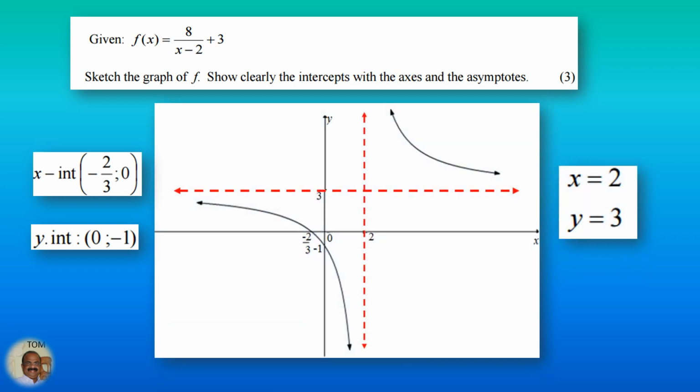Also we have the two asymptotes from our previous questions. So here is the graph. All the intercepts are marked. The asymptotes are in dotted lines. So we get 3 marks. The graph of f.